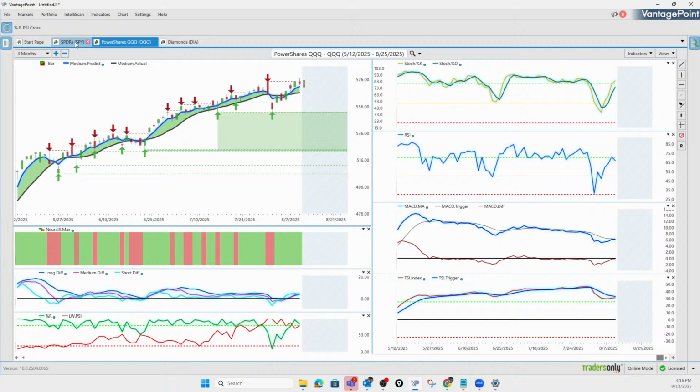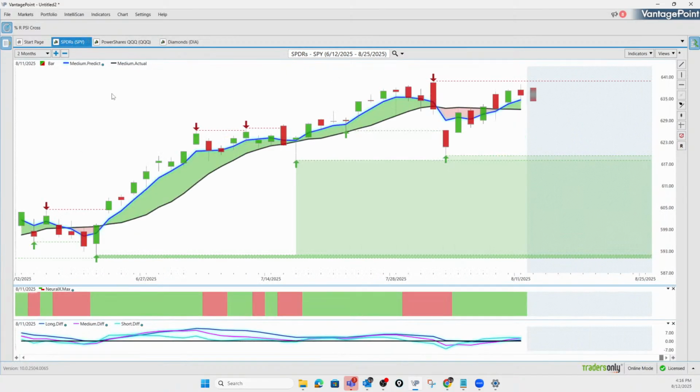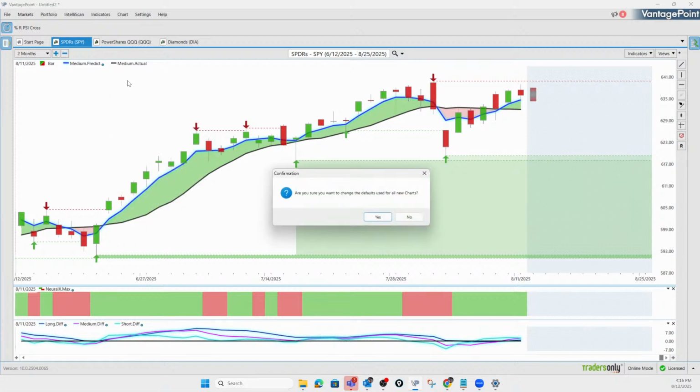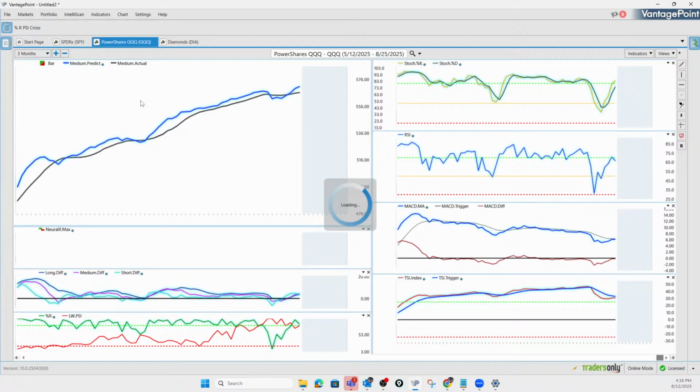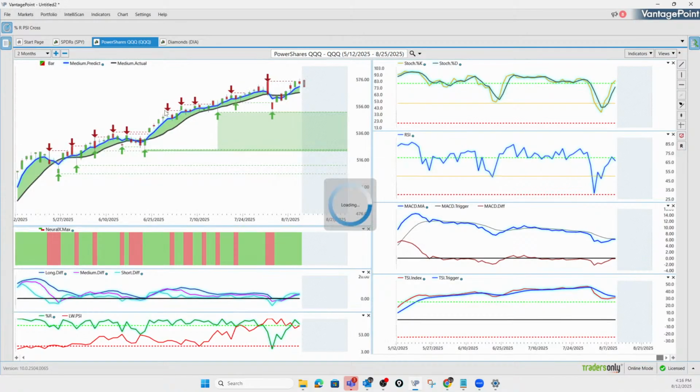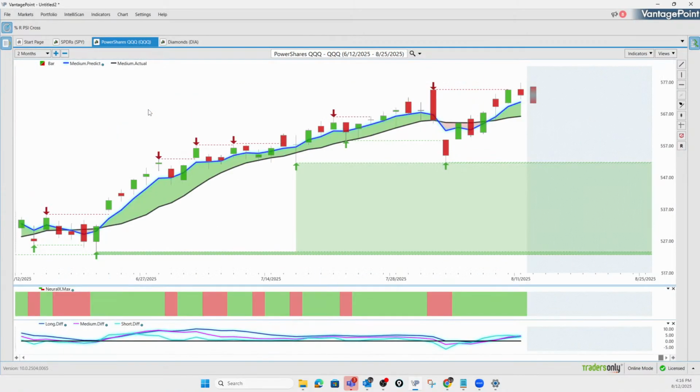But let's just keep it simple and let's go ahead. I'm just gonna save this chart as our default. Sorry guys, little quick shortcut here for you, just so everybody can see how easy this is. I'll just load this chart from the previous default.